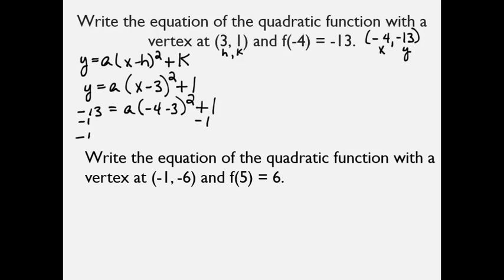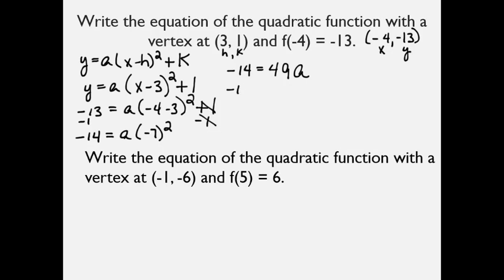And you end up with -14 equals a times (-7) squared. Those ones had to be 0 when they go across. Okay, so -14 equals 49a. -7 times -7 is positive 49.